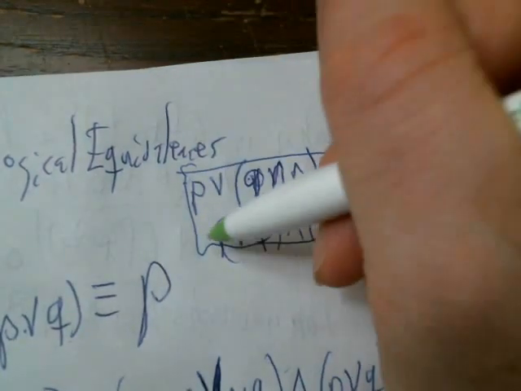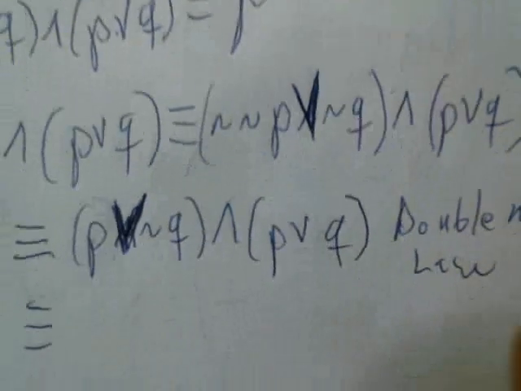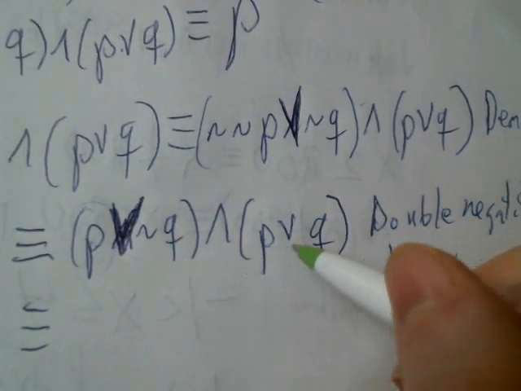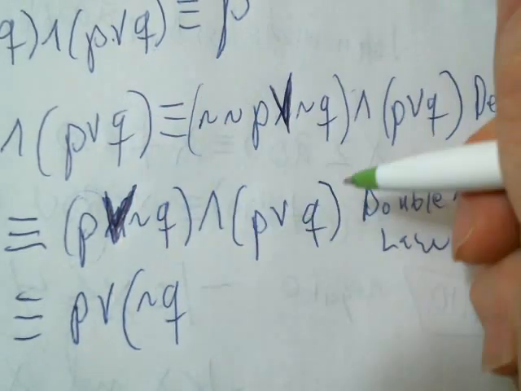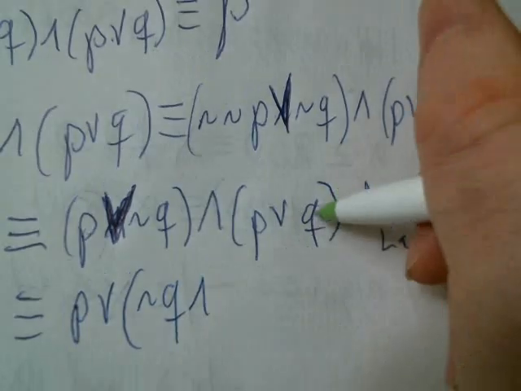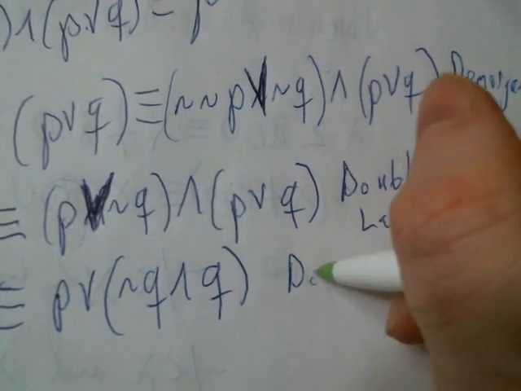And you can also go in the reverse direction. So when you see it with P or, you could do a reverse distribution. You could say P or (not Q and Q). So this was the distribution.